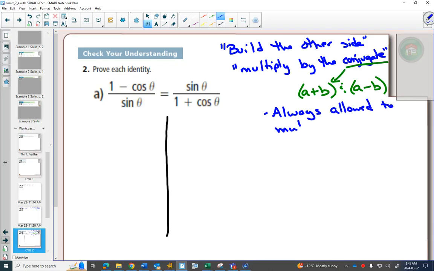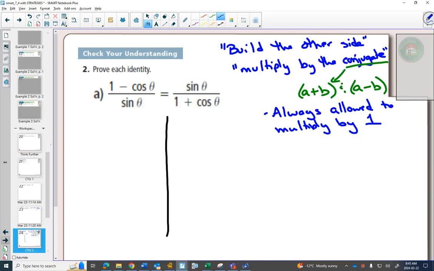And this may seem silly when we look at it on its own. You're always allowed to multiply by 1. Right? You've got an answer. You can multiply by 1, and it's still the same answer. It seems kind of silly, but it's a key strategy in mathematics.